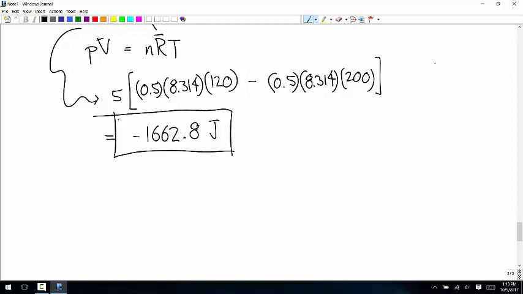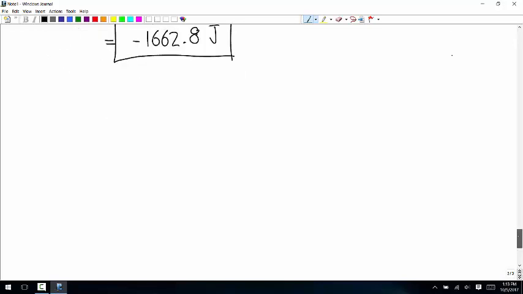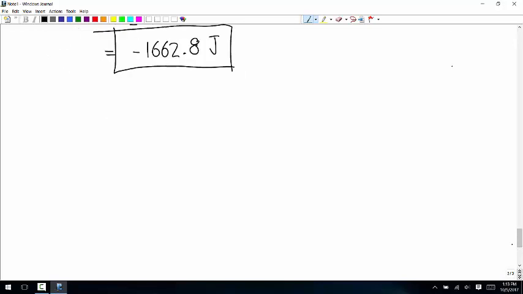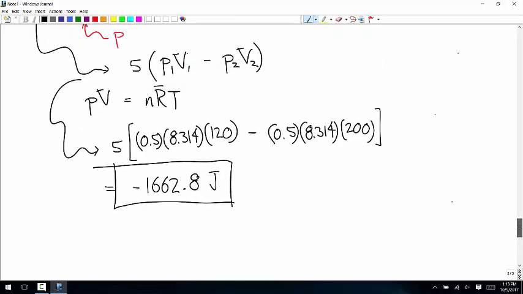Basic idea is, because we knew it was an ideal gas and because it was a polytropic process, we could figure out the work of expansion knowing only the temperatures at the 2 states. Okay. Anybody have any questions about any of that?